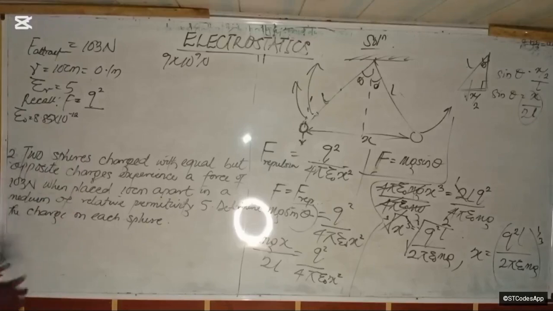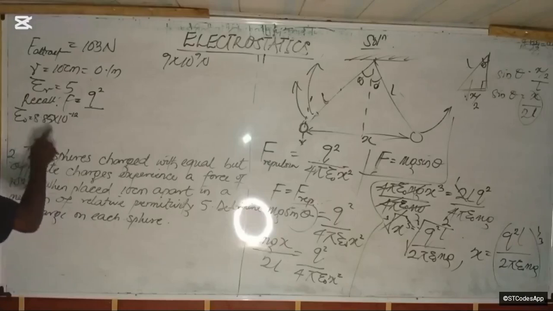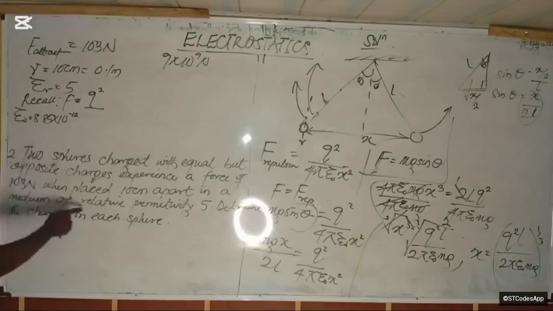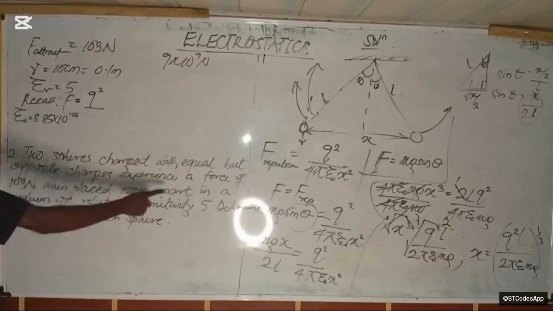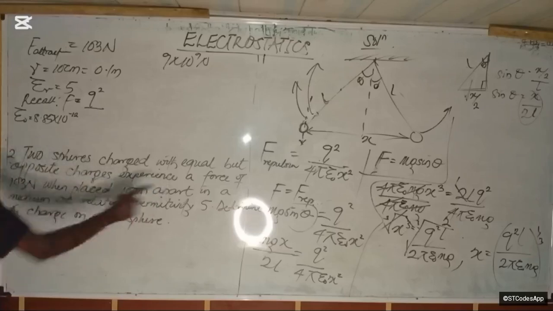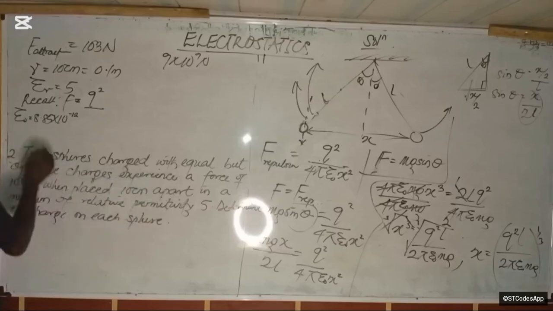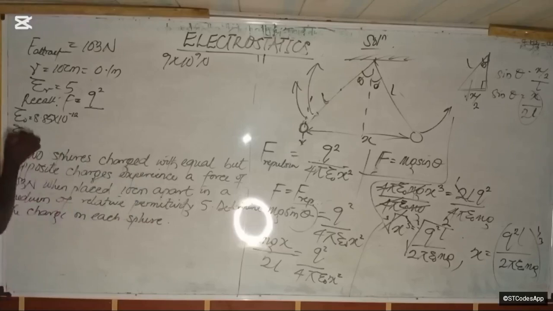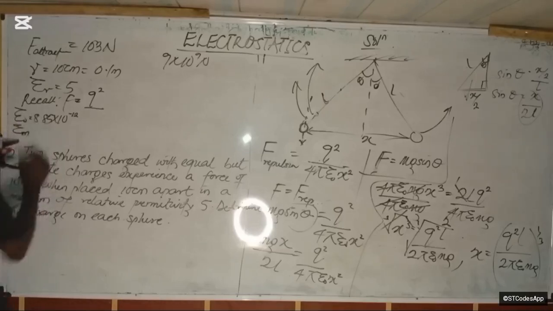It's simple. Epsilon naught. It says that it's placed in a medium, so we are using the permittivity of the medium now. Is that clear? There are two things you could do.